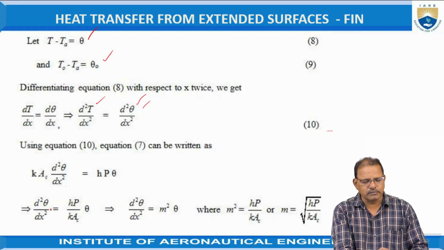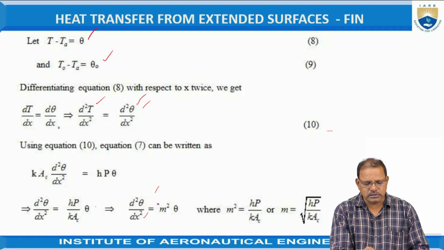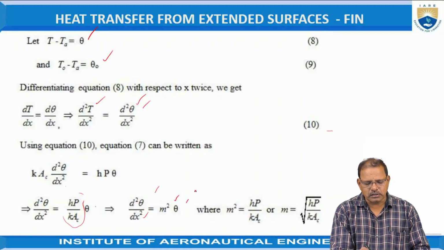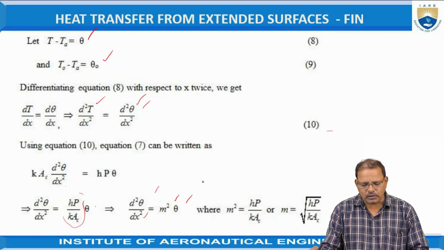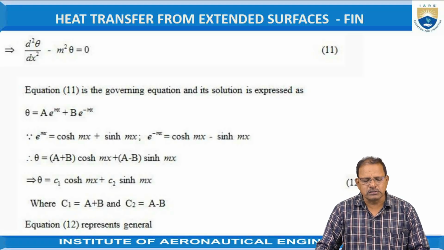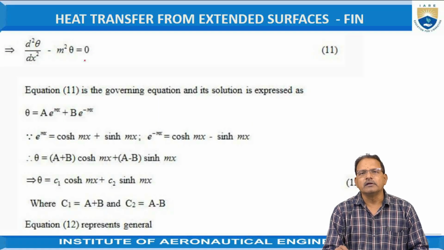So from these relations, d²θ/dx² is equal to hP divided by kAc into theta, which is equal to m² theta, where m² is equal to hP divided by kAc, or m is equal to the square root of hP divided by kAc. Now the modified equation is d²θ/dx² minus m²θ is equal to 0.